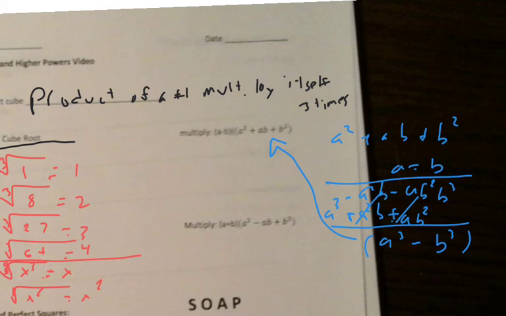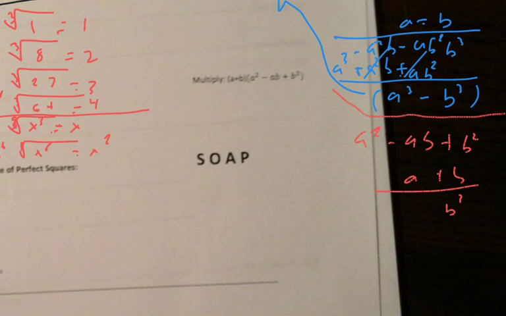Alright, let's move on to the next one. Now it says multiply a plus b times a squared minus ab plus b squared. So we'll set that up: a squared minus ab plus b squared times a plus b. You get b cubed, because positive b times positive b squared. Positive b times negative ab is minus ab squared.